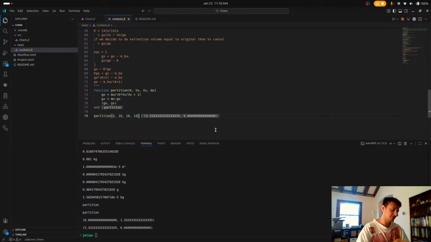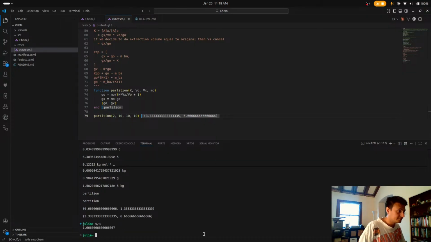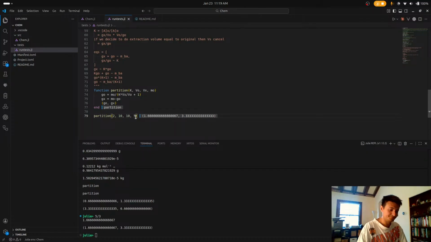Okay, so that is, I think, what I got, because I got 10 thirds was MO, I think. Yeah, y was equal to 5 thirds? No, I did something wrong. Oh, because I changed it to 5 grams. If this is 5, then I think I get the same thing. Yeah, and then the 10 thirds.